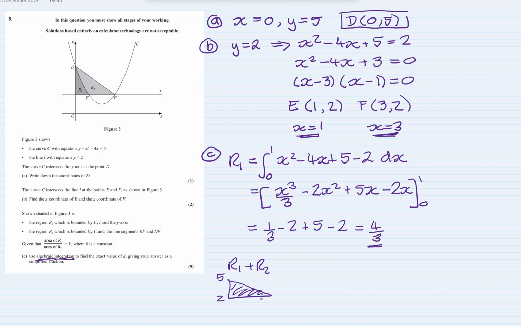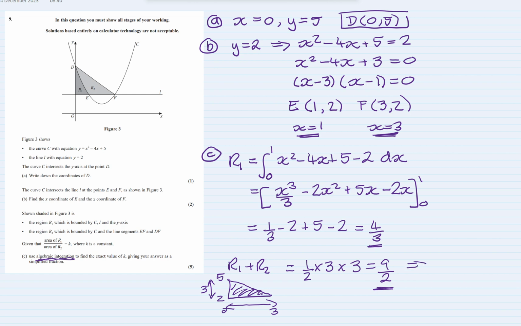And we know that this point over, so this height is going to be 3. And we know that the difference between these 2 points here is from 0 up until where F was, which was at 3. So R1 plus R2 is going to be a triangle, which is a half times by 3 times by 3, which is 9/2. So that gives me R1 plus R2.